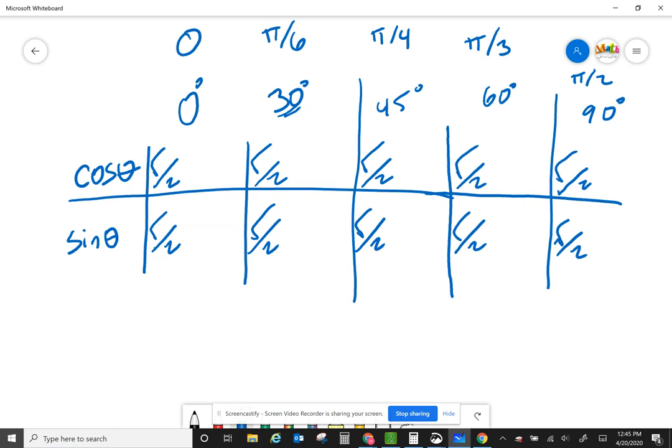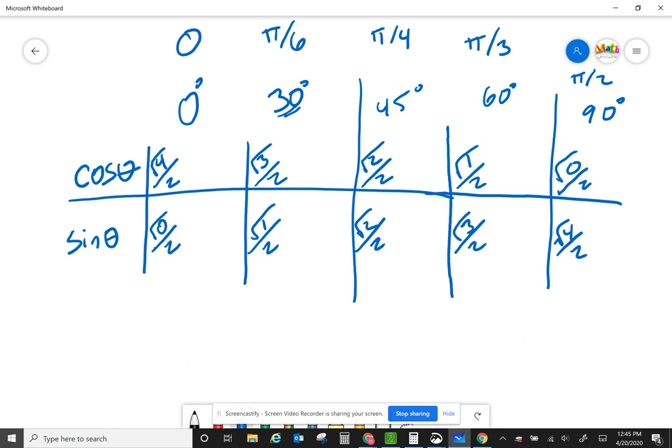Now for cosine, I'm going to start with square root of 4. Inside the square root, I'm going to put a 4, 3, 2, 1, 0. For sine, I'm going to start with 0, 1, 2, 3, and 4.